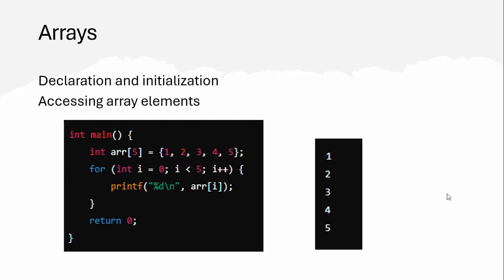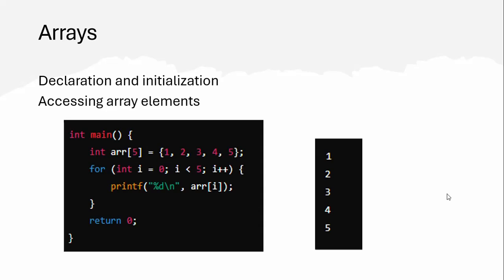So next we'll move on to arrays, where we'll declare and initialize them and access array elements. So we are initializing an array here. Here 5 is the size of the array, which has 5 elements. In the first line we have initialized the array.